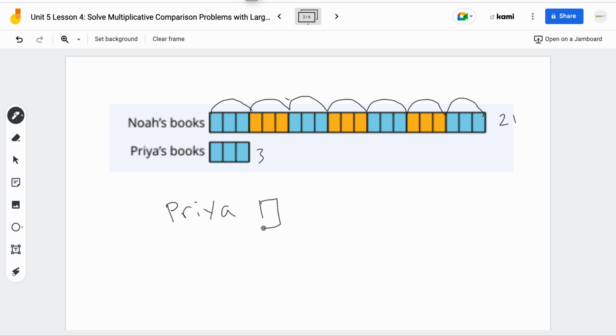And this box will represent 3. And Noah will have another set of boxes. Well, we said that this is 7 times as many, right? So that means he will have 7 boxes. So it's going to be a tape diagram.